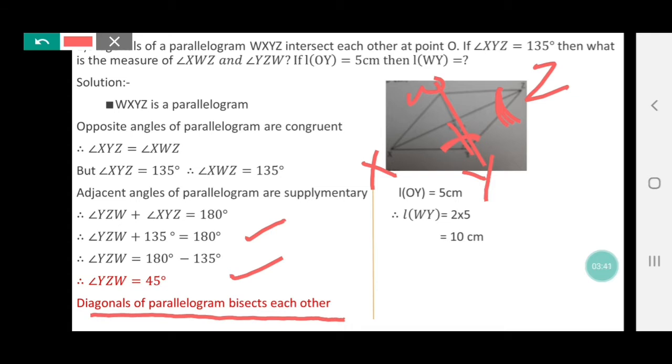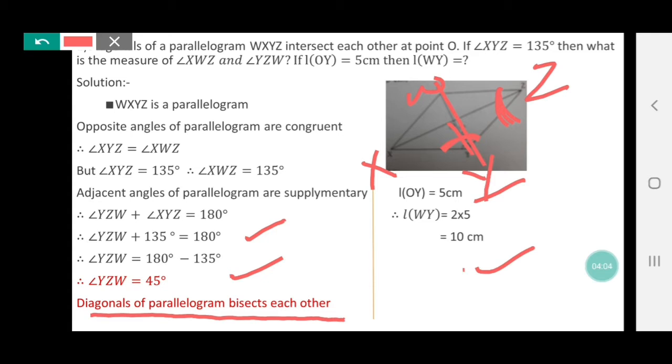So half is given to us and we have to find the full. For calculating the full, I have to multiply the half by 2. So 5 multiplied by 2, 5 2s are 10. So WY is equal to 10 centimeters. In this way, we have completed problem number 1 of exercise 5.1.